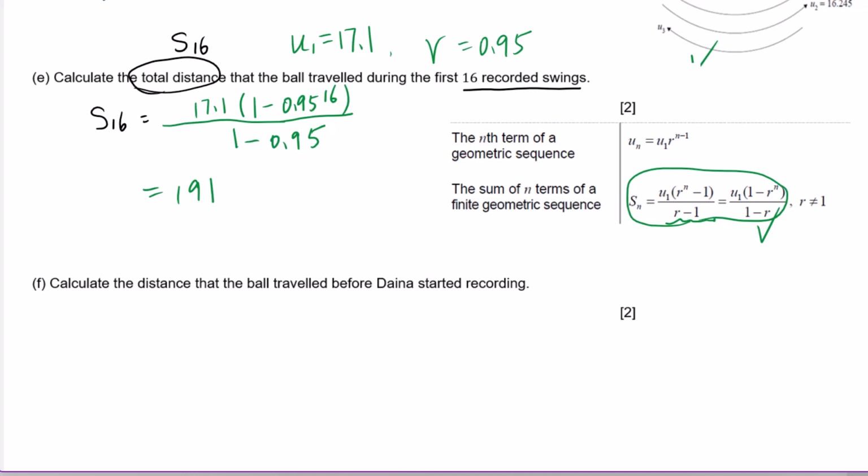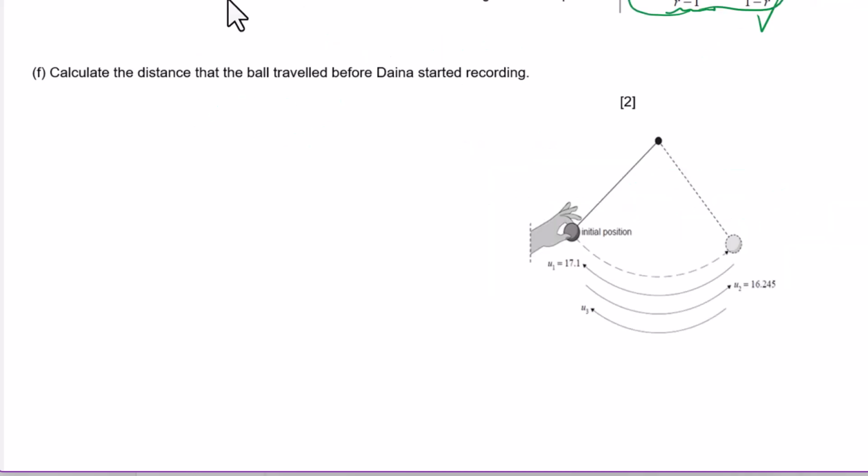Go to F. Calculate the distance that the ball traveled before Dana started recording. Dana started recording the distance of this ball after the ball reached its extreme position on the right side, which means u sub 0. We are looking for u sub 0.